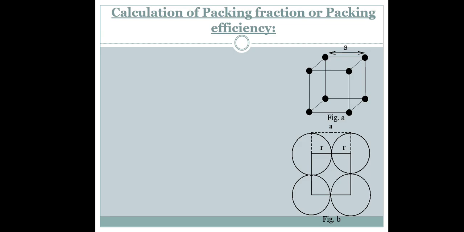So to find out the actual picture of that unit cell, we are drawing that. So this is one of the faces. In figure B, you can clearly see one of the faces, you can say the top face, and you can clearly see that in a simple cubic unit cell, the particles actually touch one another. But to represent it in a simple way, we draw figure A instead of figure B.